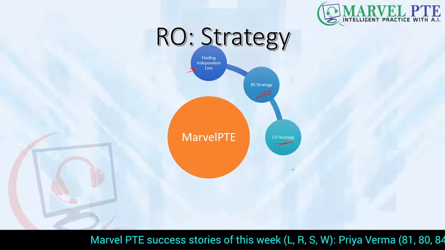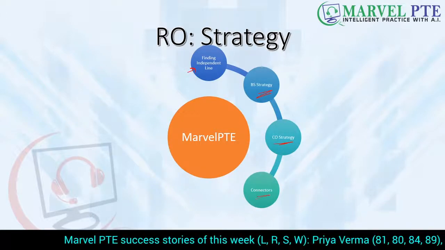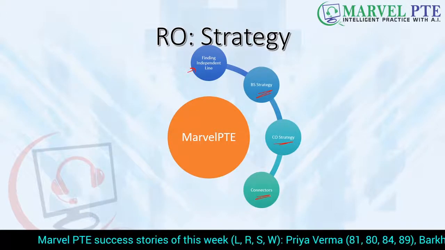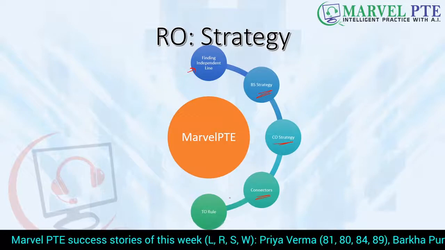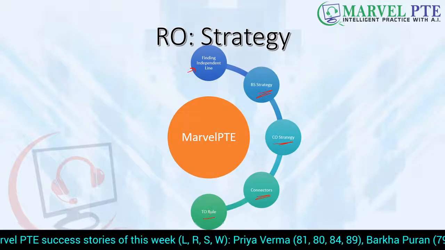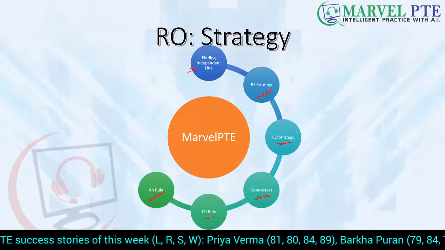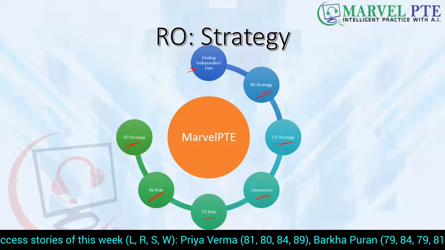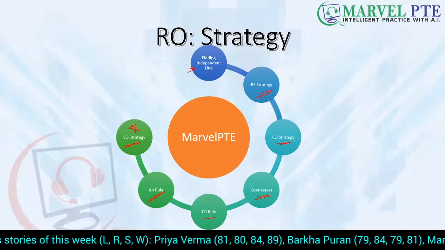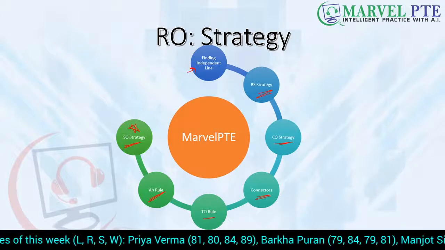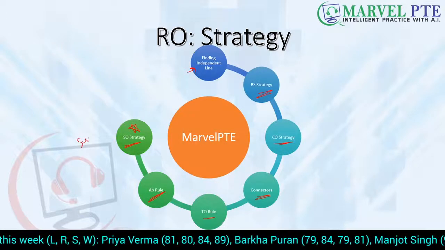CO strategy is chronological order strategy. Then we can sometimes make the pairs on the basis of connectors. Then TO rule, topical order rule, AB rule, abbreviation rule. SO strategy, quite an important strategy. We had seen its implementation today, which is subject object strategy.